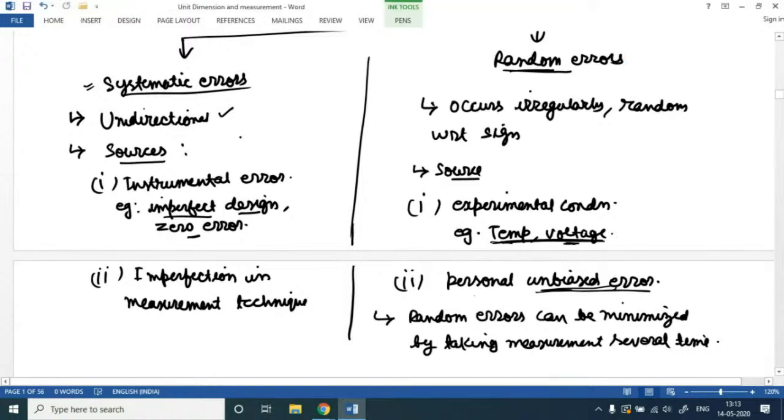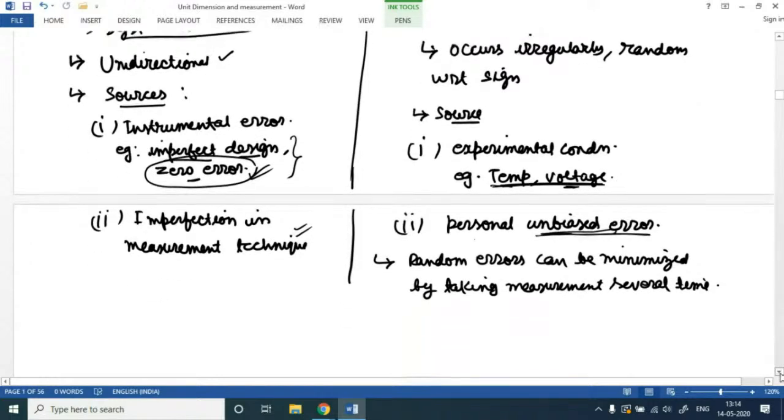Systematic error can be taken care of, for example, by taking care of the instrumental error. For example, if you understand this instrument has zero error, then at the end of the measurement, before providing the reading, you take care of this zero error. Or you can improve your measurement technique, and thus you can minimize the systematic errors also. How do you minimize the random errors? By simply increasing the number of measurements. So that is one thing.